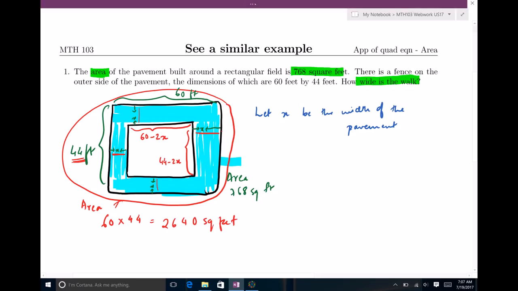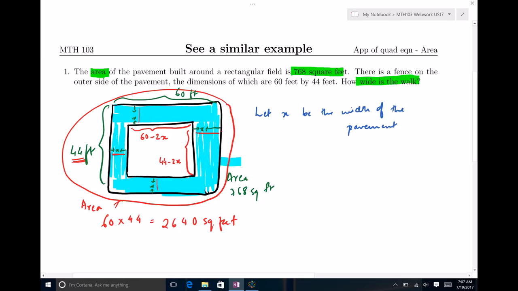Okay, let's write all this down systematically. So I know that the area of the outer rectangle is the length times the width of the rectangle, which is equal to 60 times 44, which is 2640 square feet.